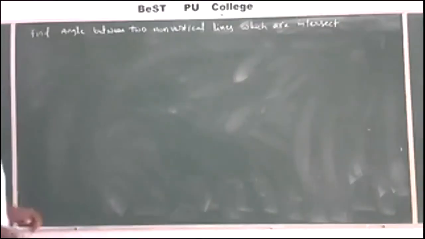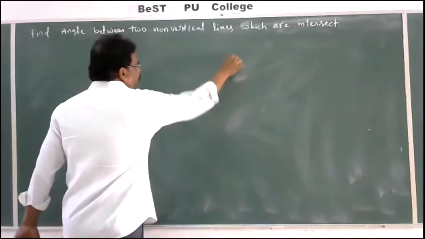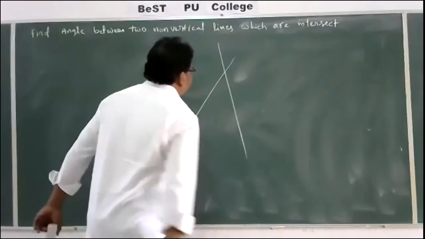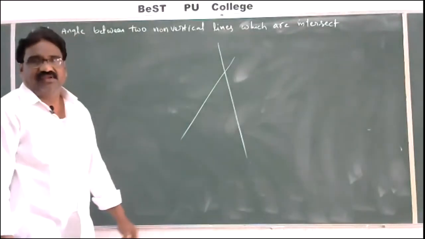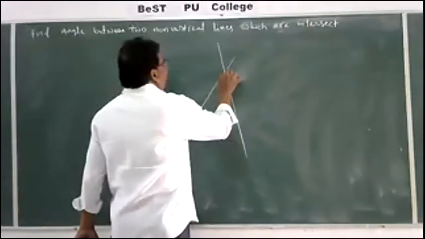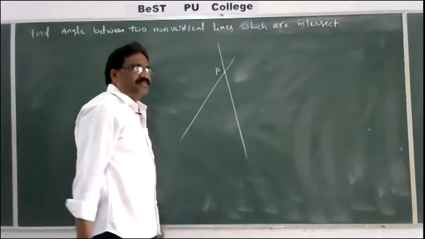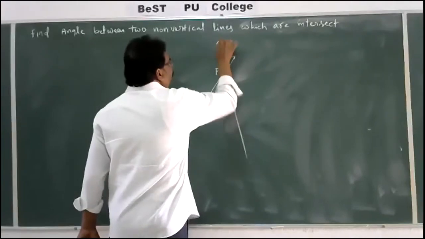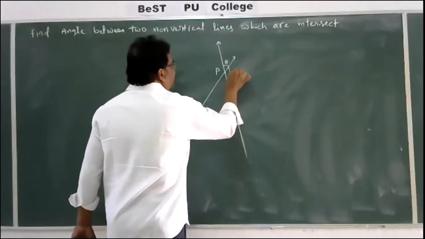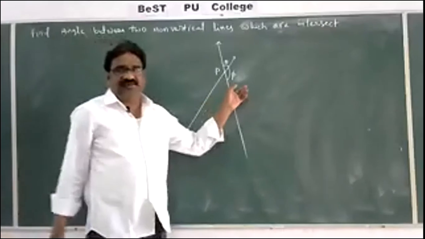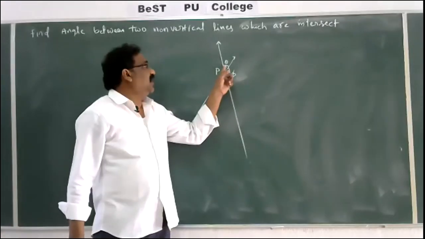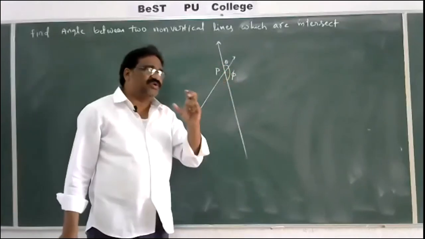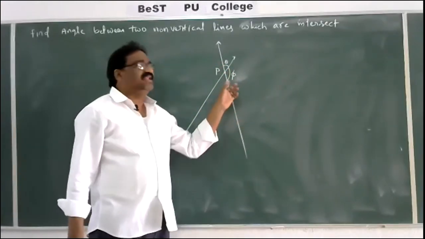For example, in a plane, this is a line and this is another line. Both are intersecting. If the two lines are intersecting at one point, for example P, then this theta is the angle between the two lines. For example, this is phi. Phi is also an angle between the two lines. Theta and phi both are angles between the two lines. One is an acute angle between the two lines and another is an obtuse angle.